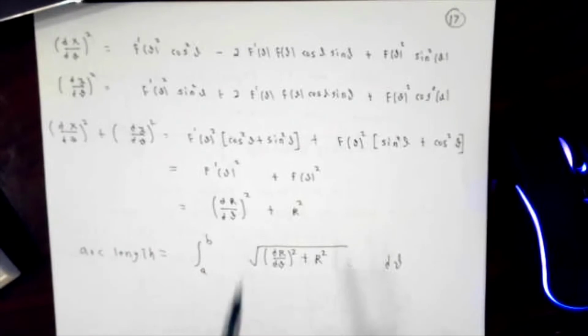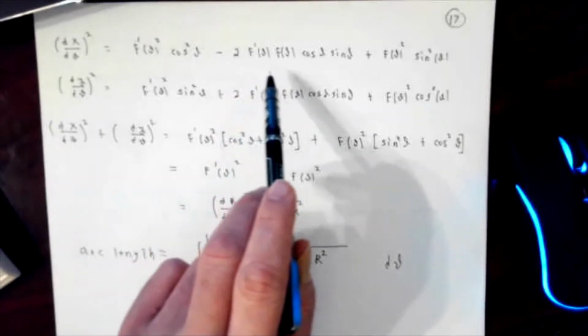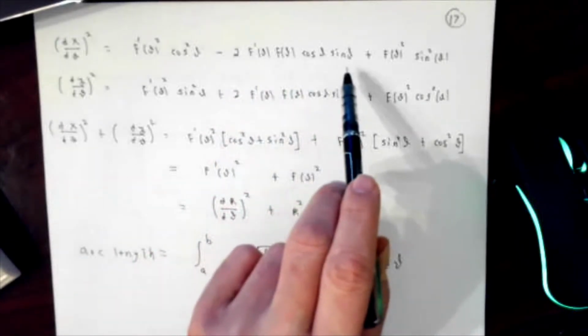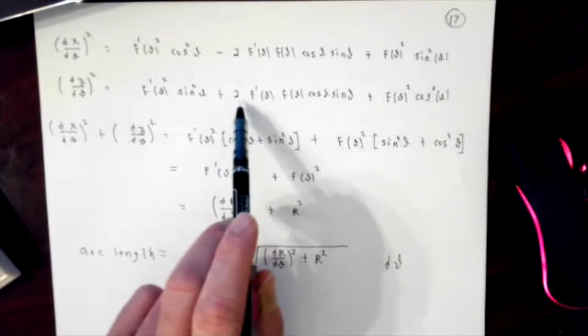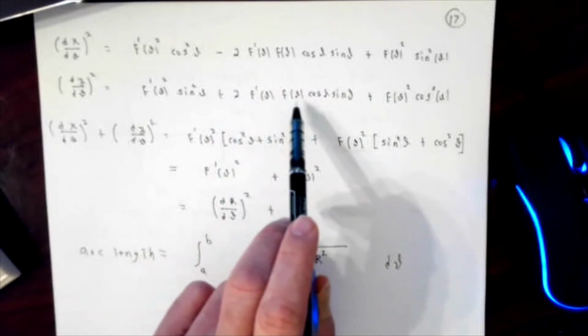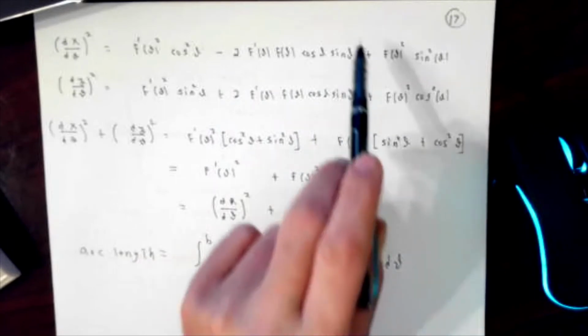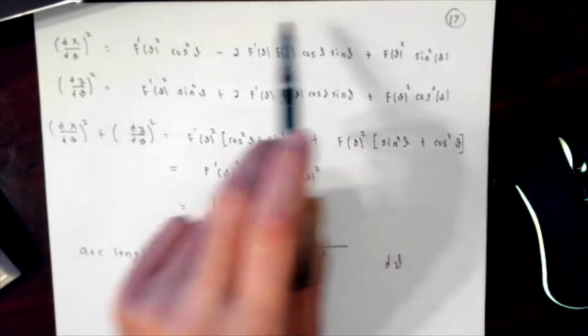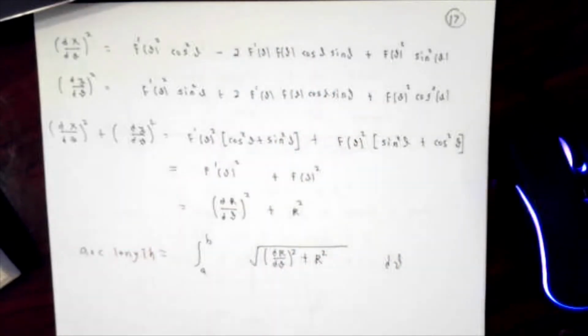Firstly, a miracle happens. Minus 2 f prime f cosine theta sine theta plus 2 times f prime f cosine theta sine theta. When I add these two formulas together, the middle terms cancel out.